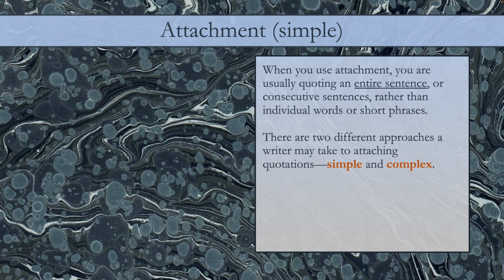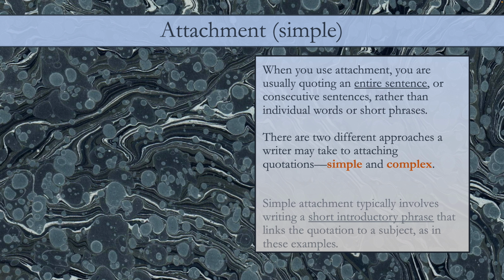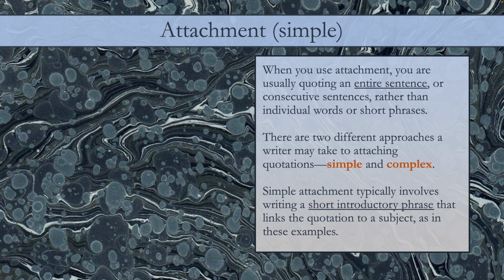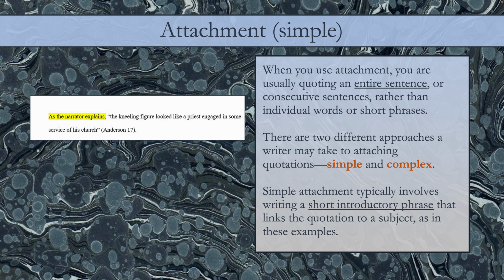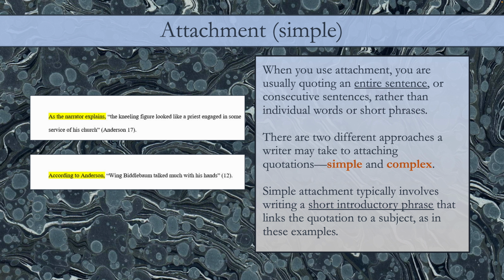So there are two different approaches a writer may take to attaching quotations, simple and complex, as I said. Simple attachment typically involves writing a short introductory phrase that links the quotation to a subject, as in these examples. So here I've highlighted in yellow the short phrase that introduces the quote. Here's another example.